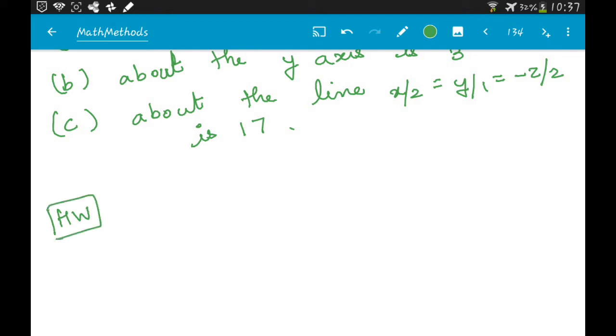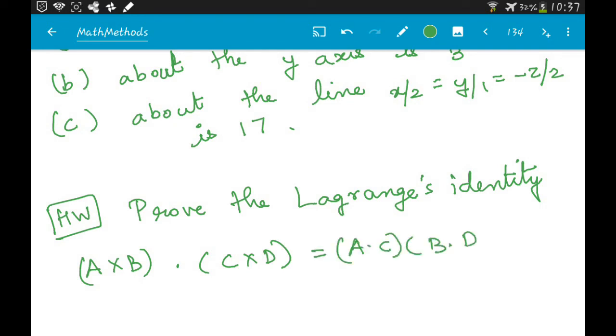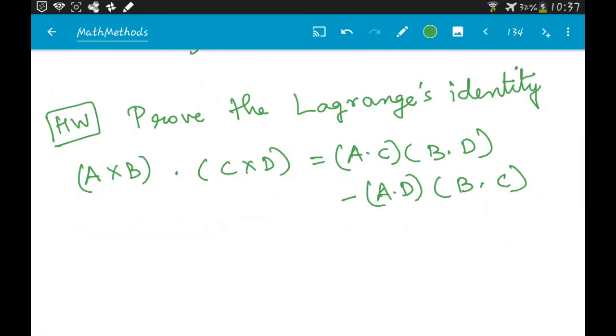Second problem is prove the Lagrange's identity: A cross B dot C cross D is equal to A dot C into B dot D minus A dot D into B dot C. So you have to prove this identity.